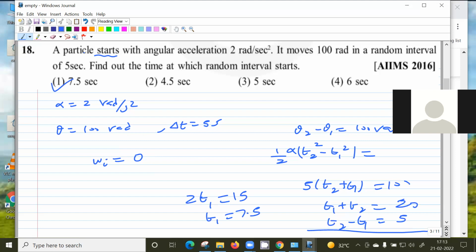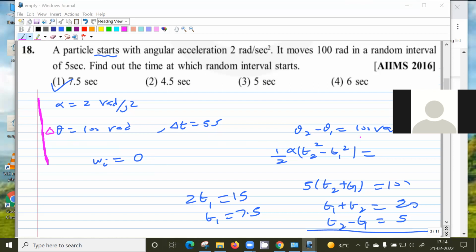It's a little bit complicated, but if your thinking is clear, then you can solve it. The first thing is you have to write these steps. Alpha is 2, theta is 100. I calculate delta theta in a particular interval. The corresponding time interval is 5 seconds. It doesn't say when, but the initial is the thing which corresponds to the time t equal to 0.